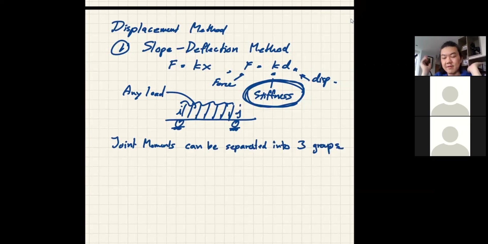Okay, first one, let's say number one, but number one is already there, so let's just say number one with the Roman numeral. It's called fixed end moment. The moment due to the load alone.